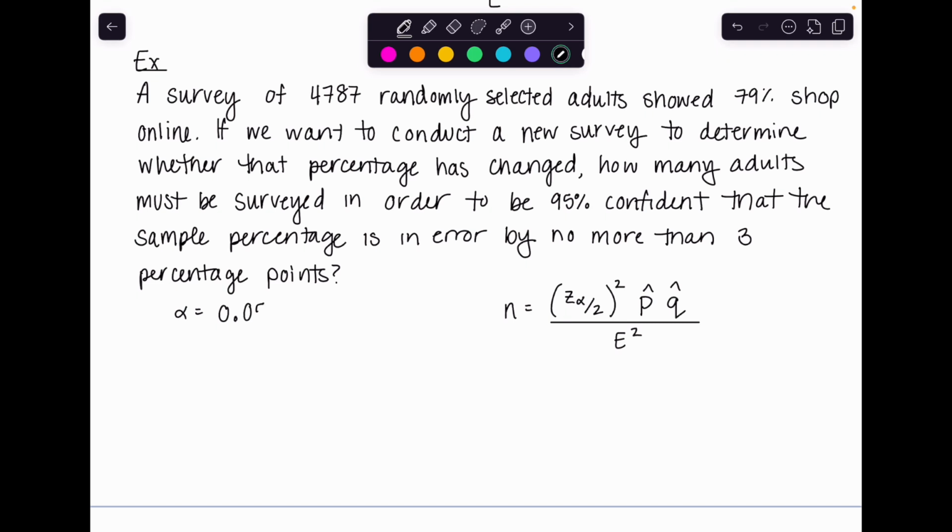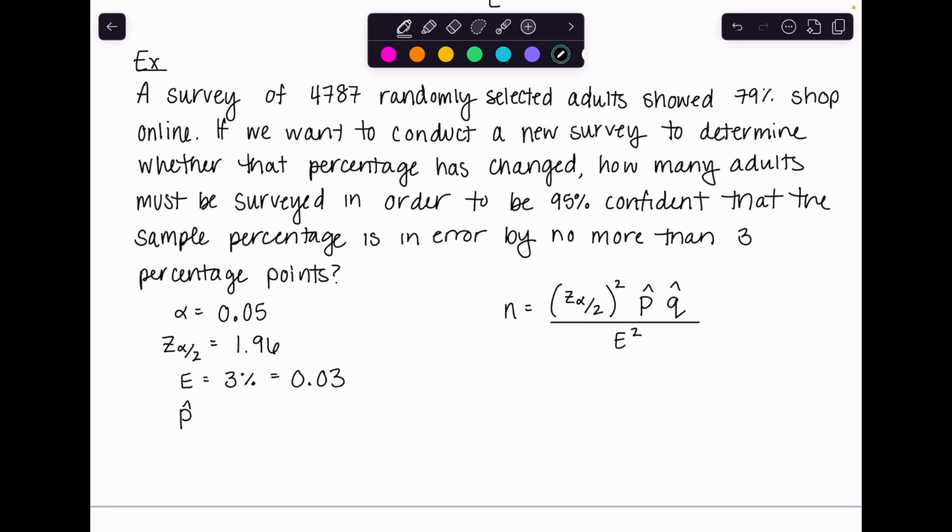So alpha is 5%, and we know the critical Z score corresponding to that is 1.96. My error in this case is 3 percentage points. I want the error to be no more than 3 percentage points. So as a decimal, that's 0.03.